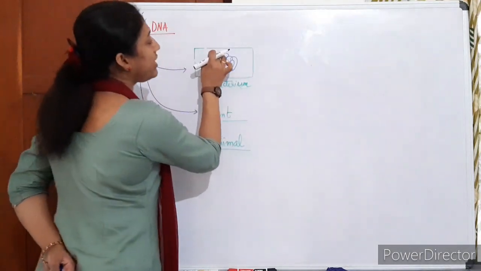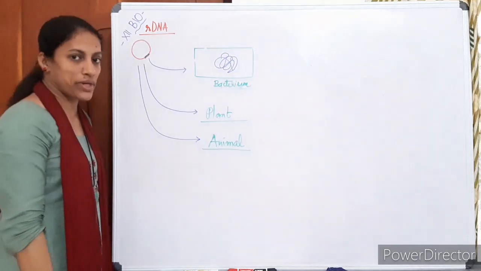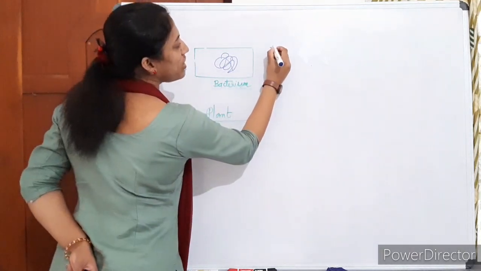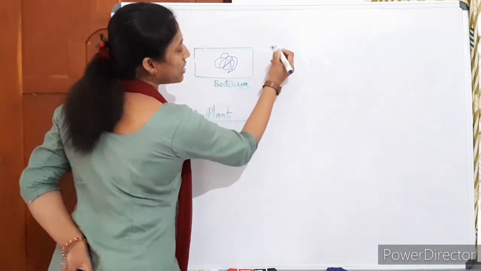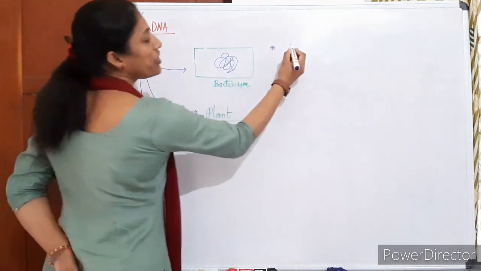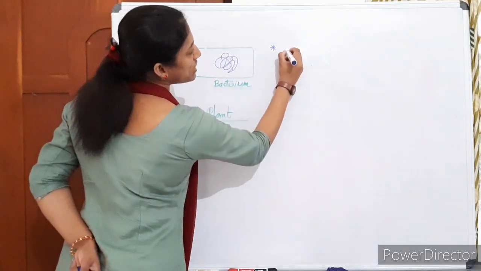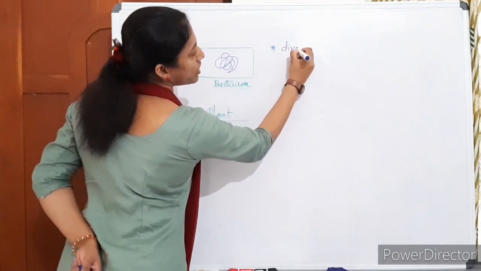It cannot directly enter through the cell wall and cell membrane. So the first and most important thing, in order to deliver it to a host bacterium cell, is that the membrane of the bacterium should be treated with divalent cations.